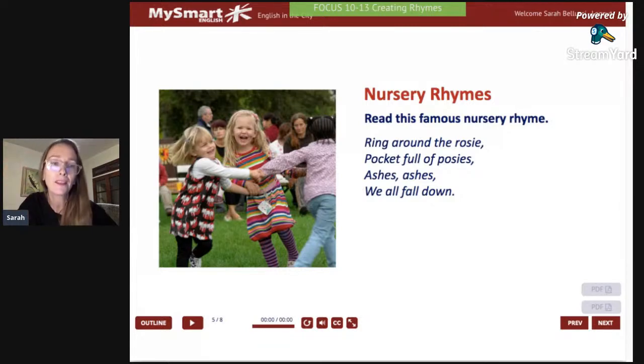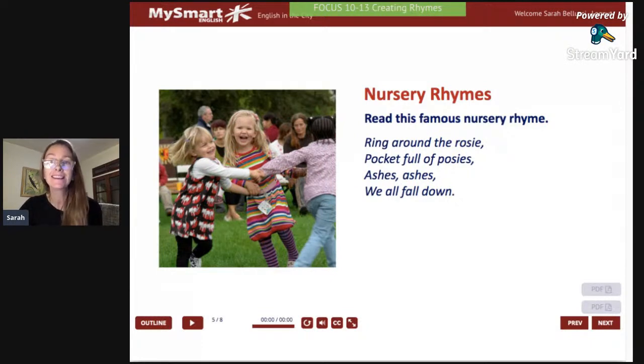Oh, I can't think of it, but there is a similar one in Italian where the children hold hands and then at the end of the nursery rhyme, they all fall down on the ground. Giro giro tondo, that's the one. How could I not have remembered that? Okay, yes, exactly, giro giro tondo. But casca il mondo is pretty apt, isn't it?